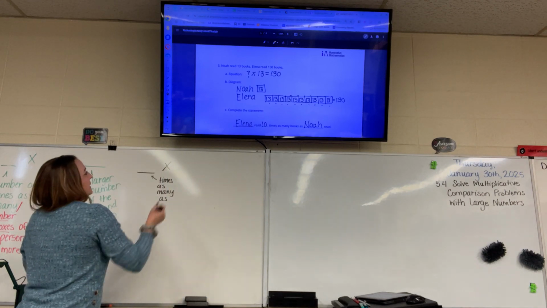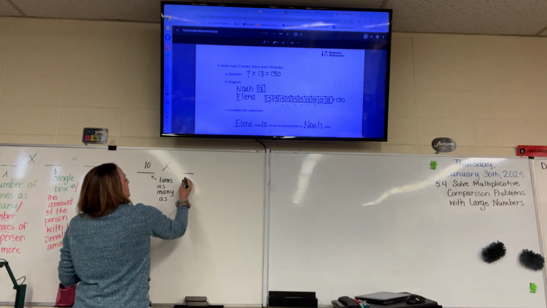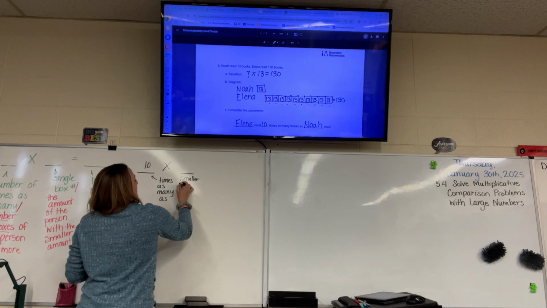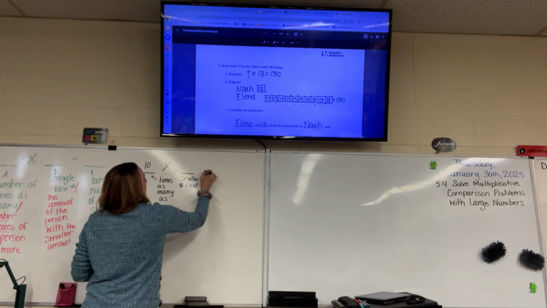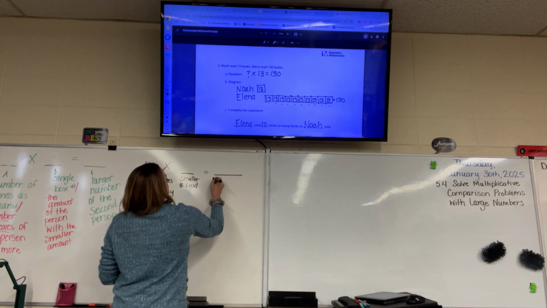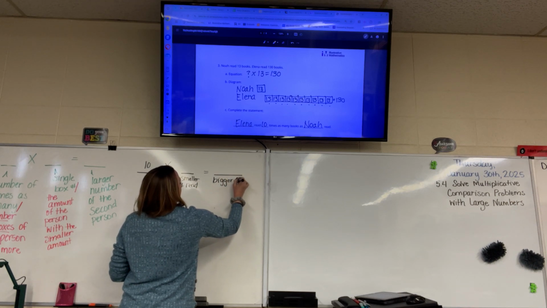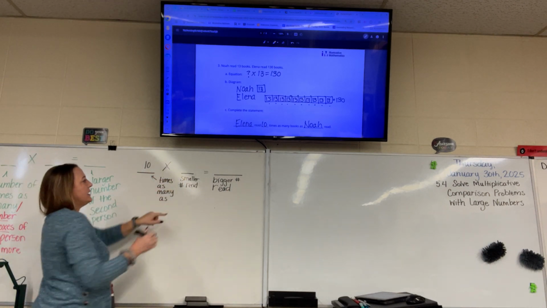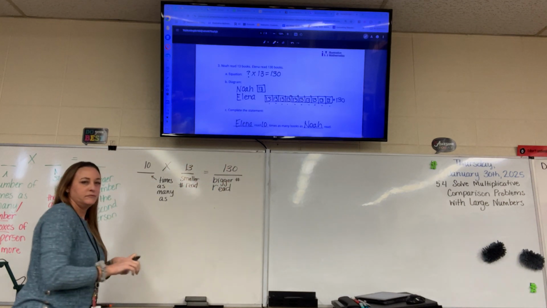So on this one, this box is going to be the smaller number read, and then equals the bigger number read, or the bigger amount read. So 10 times as many as 13 equals 130 for this problem.